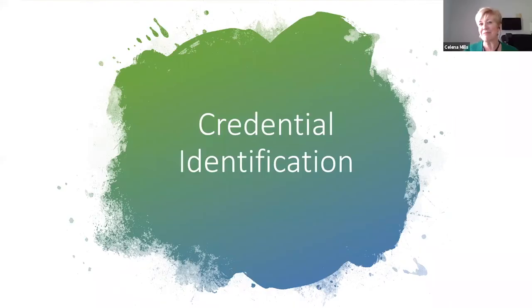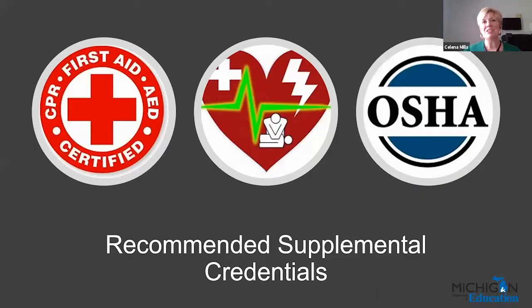So now we're going to talk about the things that you really want to know, that credential identification. So I talked about those supplemental credentials just a little bit earlier. When our grantees talked with employers, regardless of the zip code in the program area, there were some things that we really heard loud and clear.